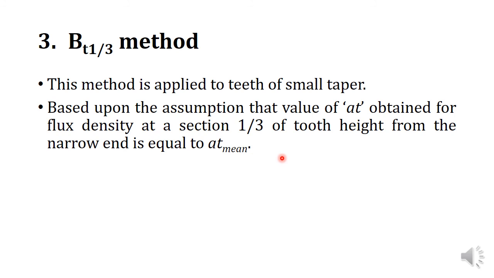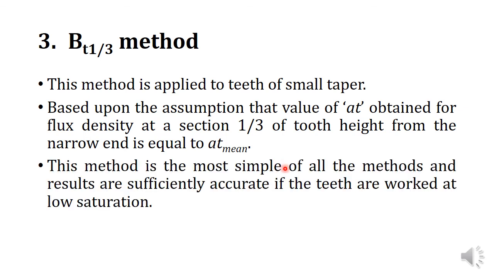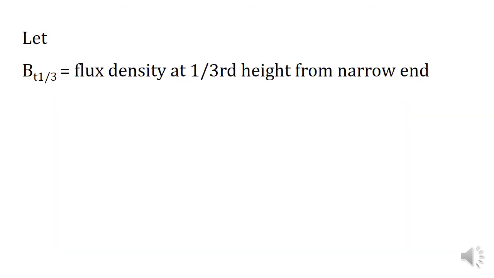This is an assumption, but it's a very accurate method also. This method is the simplest of all the methods, and results are sufficiently accurate if the teeth are worked at a low saturation. Next, let's see how the calculations are done.